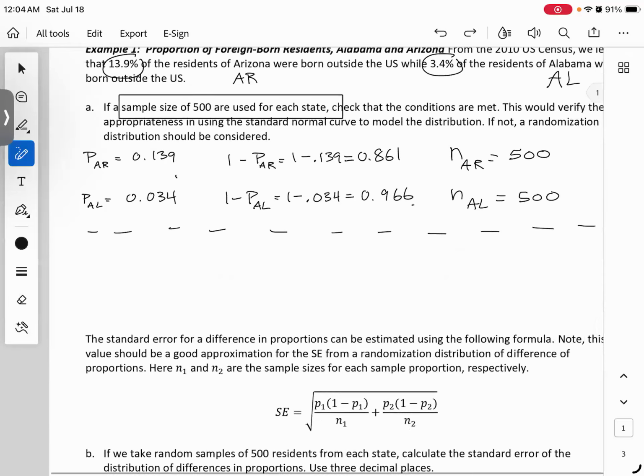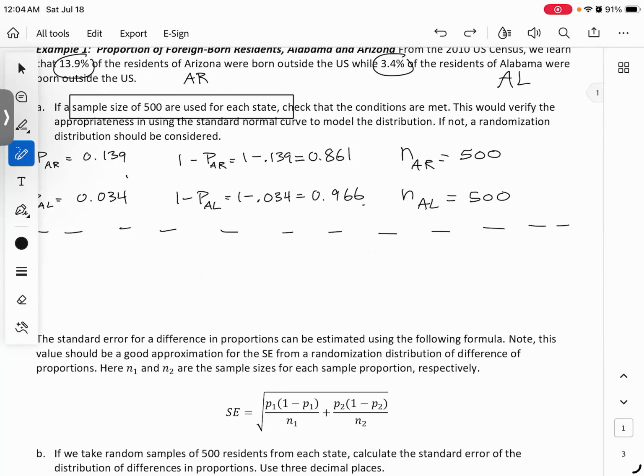Right now we're focusing just on Arizona: take the proportion and multiply it times 500, and all we're checking is that it comes out to 10 or bigger. 500 times 0.139 is 69.5, which is good. That shows it's an appropriate sample size to be using.